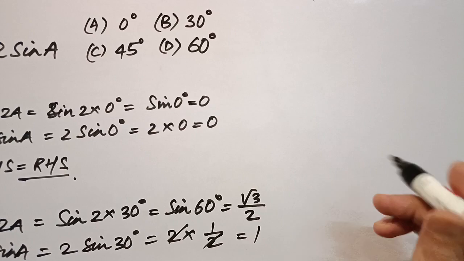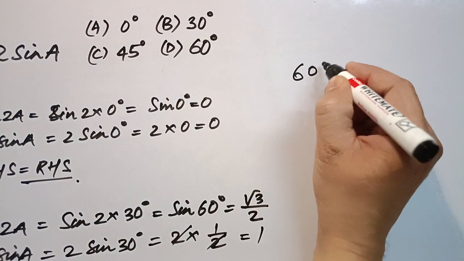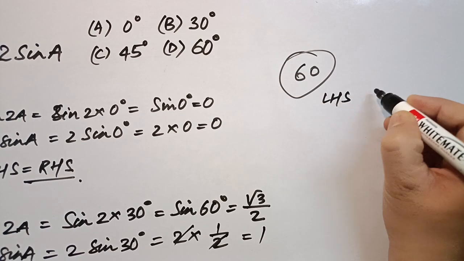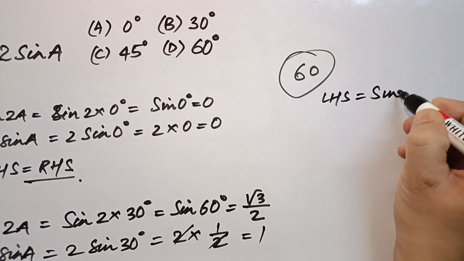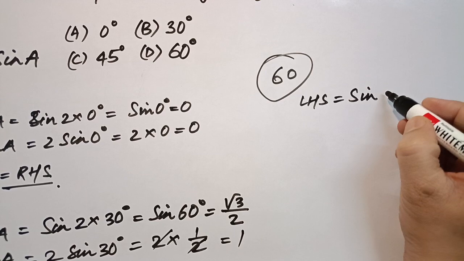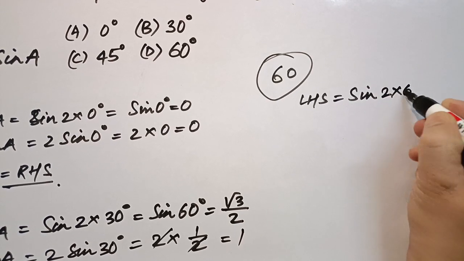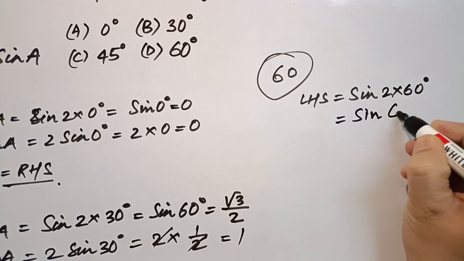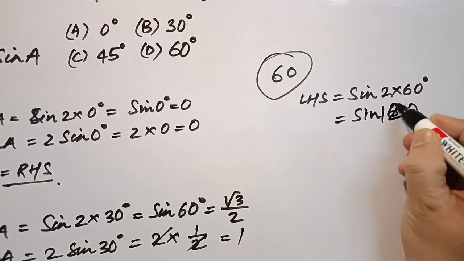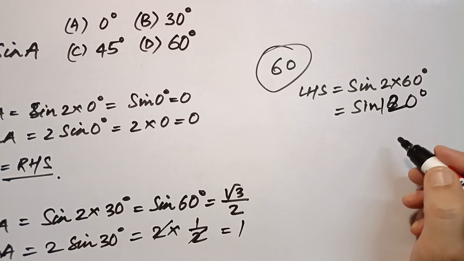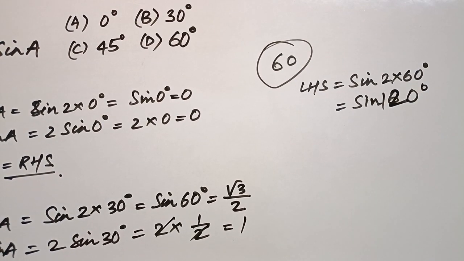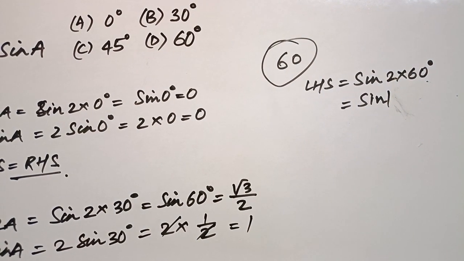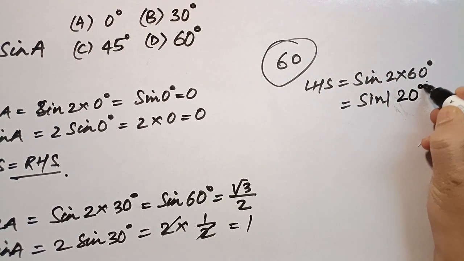Let us try with the last option, that is at 60 degree. Left hand side: sine of 2 into 60 degree. If you multiply these two, you will get 120 degree.